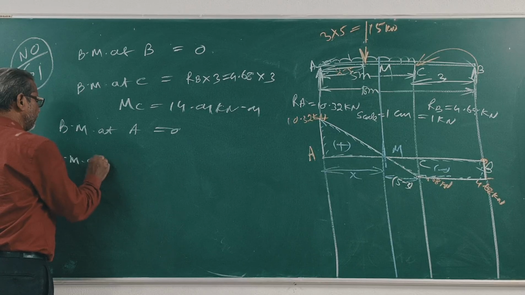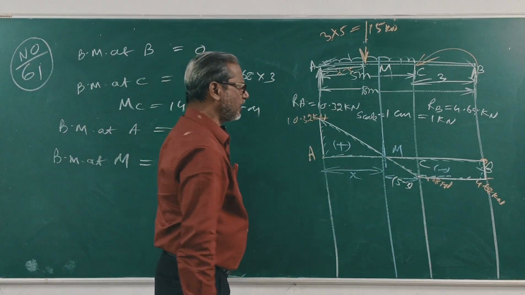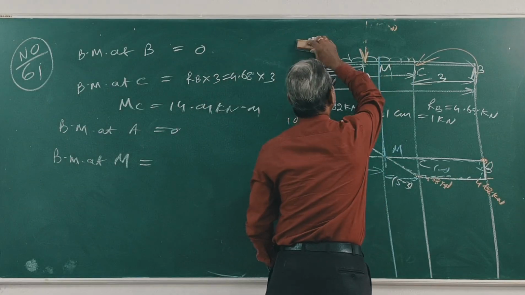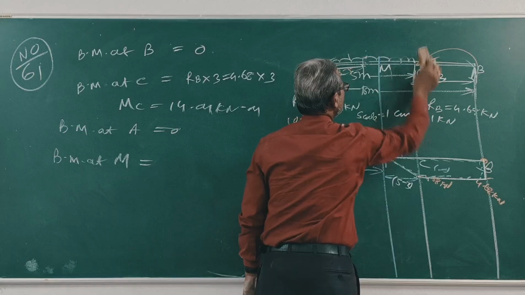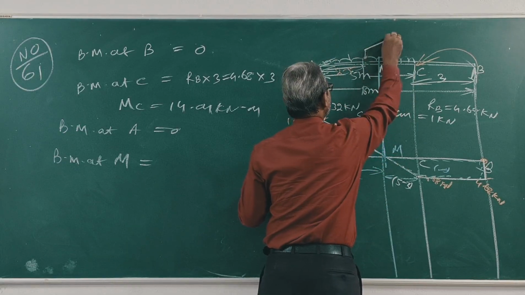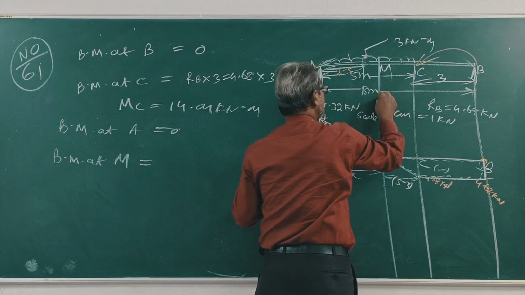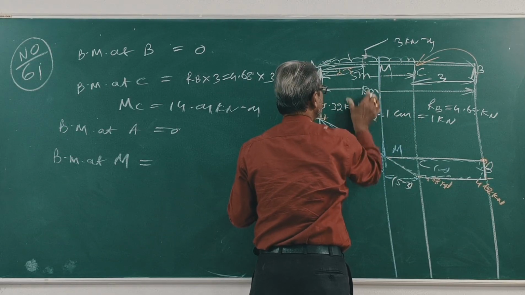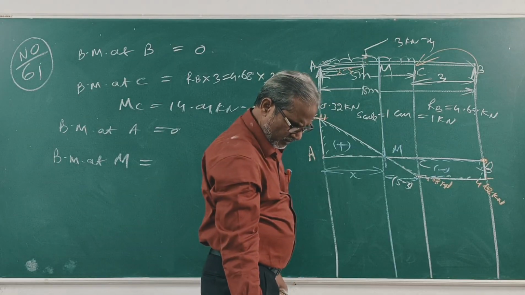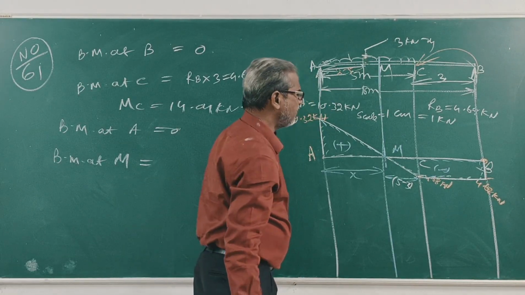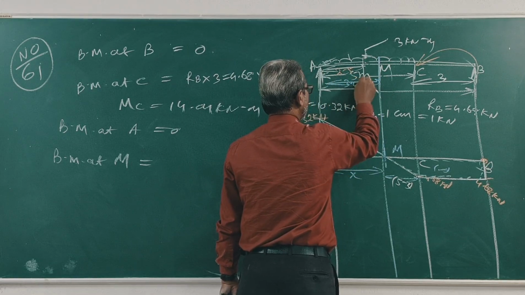Bending moment at M, coming from the left. This is 3 kilonewton per meter, and this is x meter, meaning 3.44 meter.